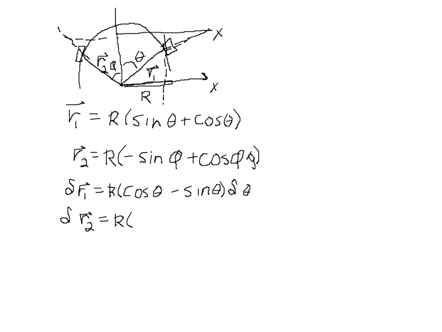Now I'm taking the derivative of the negative sine, and that gives me a negative cos, plus the derivative of a cos. Now we remember that d phi is equal to a negative d theta.